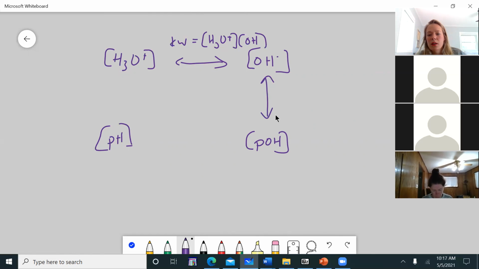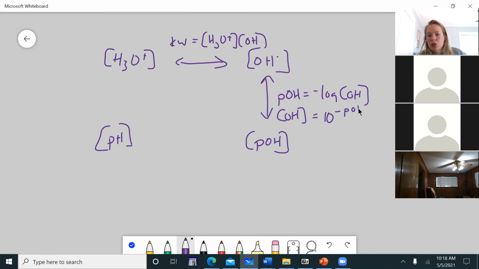Over here, pOH equals the negative log of the OH concentration, or we can use the other equation that tells us that the OH concentration is equal to 10 to the negative pOH. These are inverse of each other.